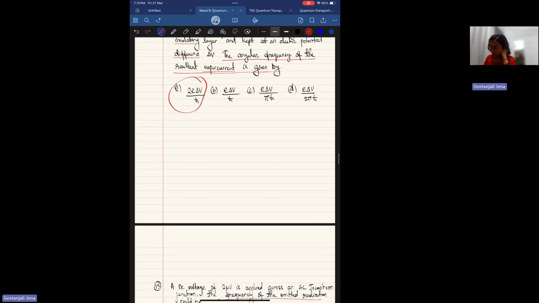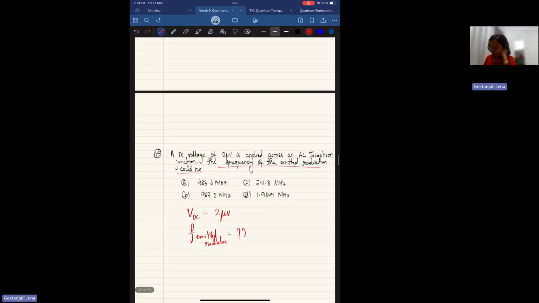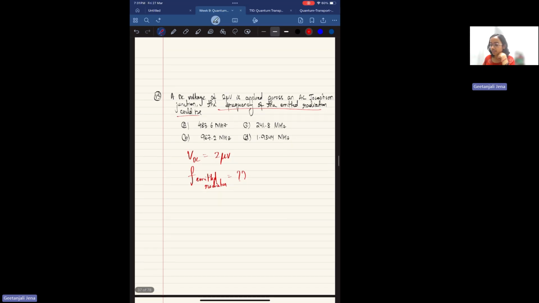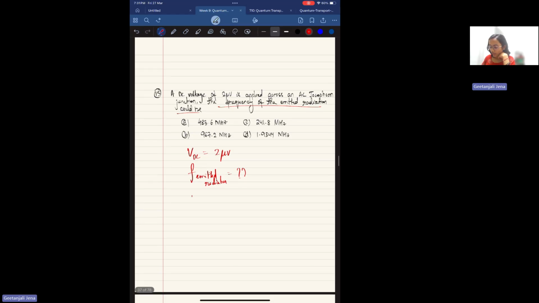As we have seen in question number 14, if you want to calculate the angular frequency or the frequency of the radiation emitted in the AC Josephson effect, we have omega equal to 2e delta V by h cut. Omega is nothing but 2 pi f, so f is 2e delta V by h.